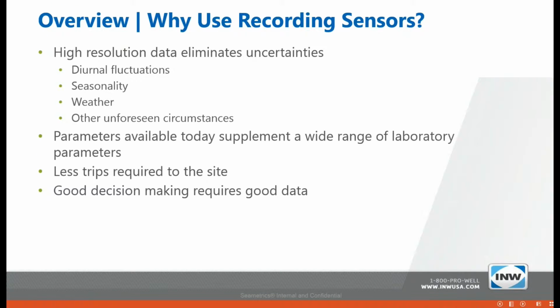Parameters available today supplement a wide range of laboratory parameters, so you can use them as a checking point before you have to send something off to the lab. Fewer trips are required to the site as you're actually recording it, so you have that information stored, and it helps make good decisions, meeting the requirements for good data.